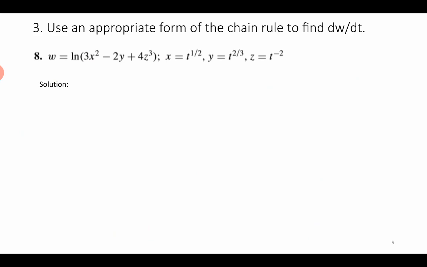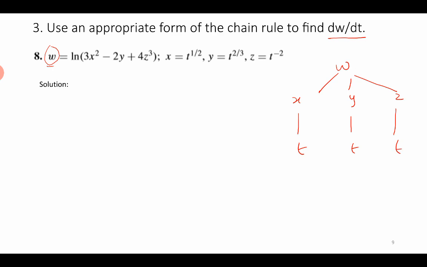Next, use appropriate chain rule to find dw by dt. That is, I leave this to you. w is the function of three variables x, y and z. Again, all the three variables are functions of only one variable t.